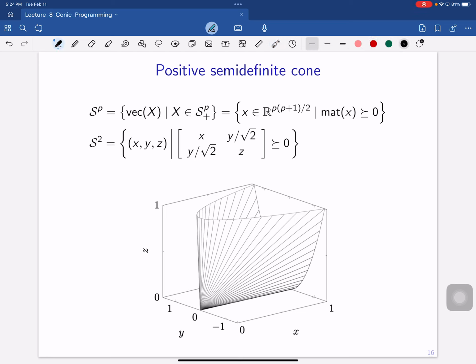It is x greater than or equal to 0, z greater than or equal to 0, and then you calculate the determinant, which has to be greater than or equal to 0. That is x times z minus y squared over 2 greater than or equal to 0. So this is nothing but the rotated second-order cone. You can check the definition in the previous slide. But in higher dimensions, it is more expressive than the second-order cone. I will show you later on how to represent a second-order cone using a PSD cone.